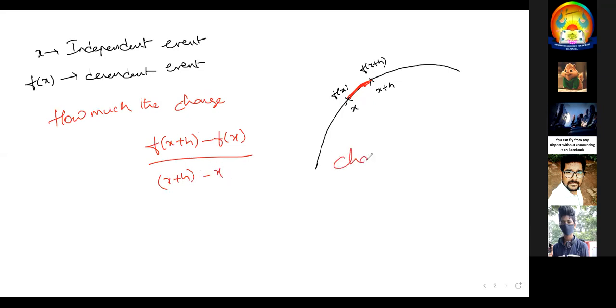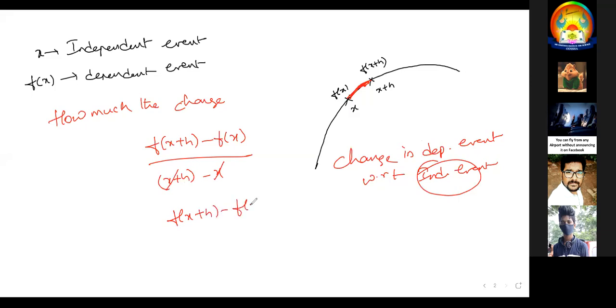So I'm writing again, change in dependent event with respect to independent event. Then x gets cancelled: f of x plus h minus f of x by h.